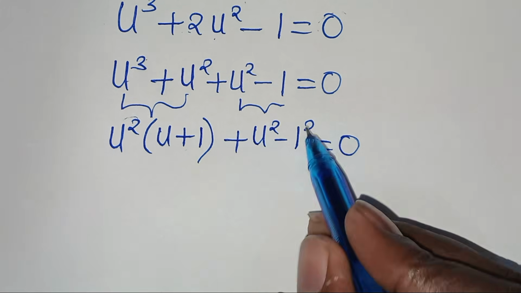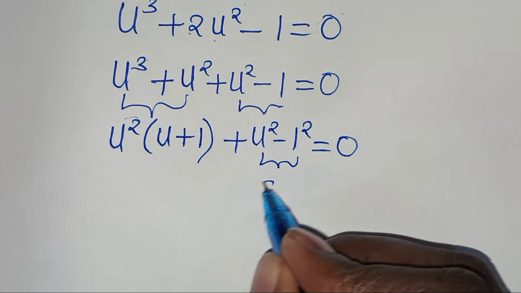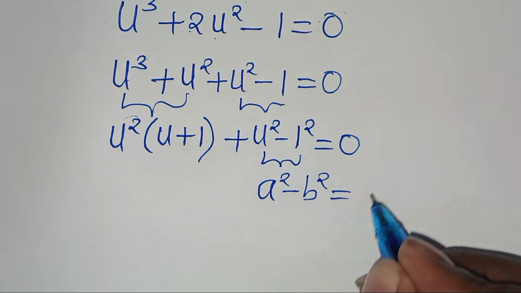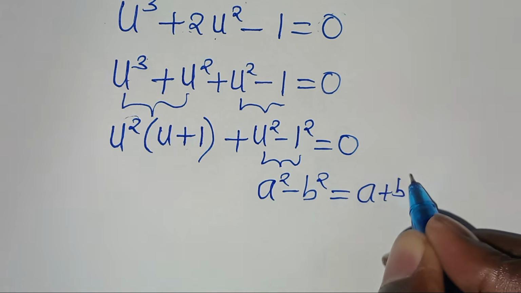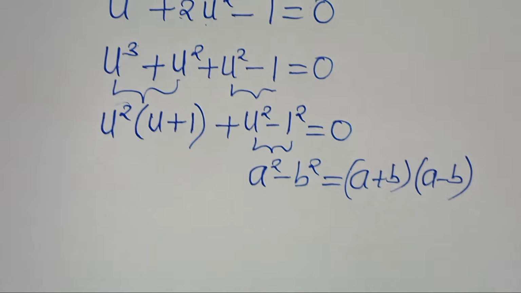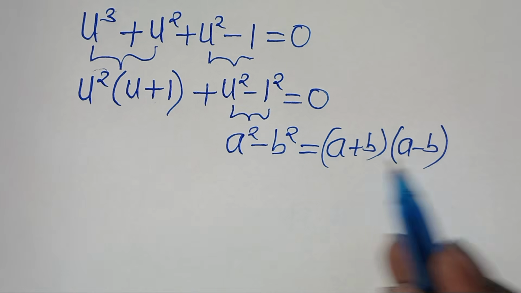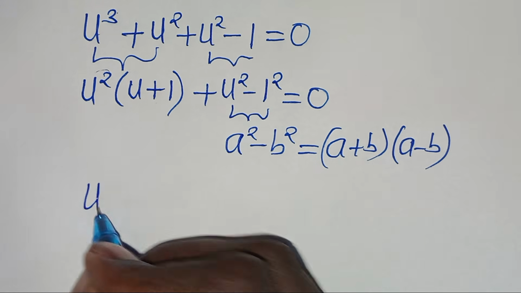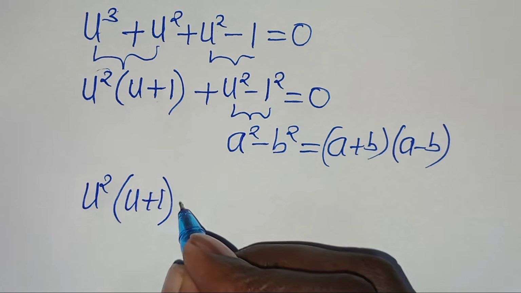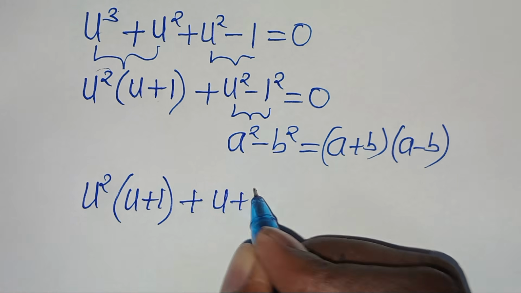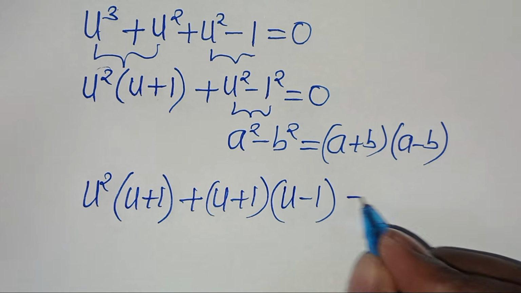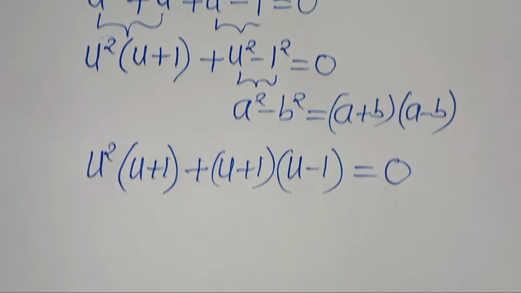We have u squared minus 1 squared, which is the difference of two perfect squares that we can express as a plus b multiplied by a subtract b. Applying this property, we have u squared multiplied by u plus 1, plus u plus 1 multiplied by u subtract 1, equal to 0.